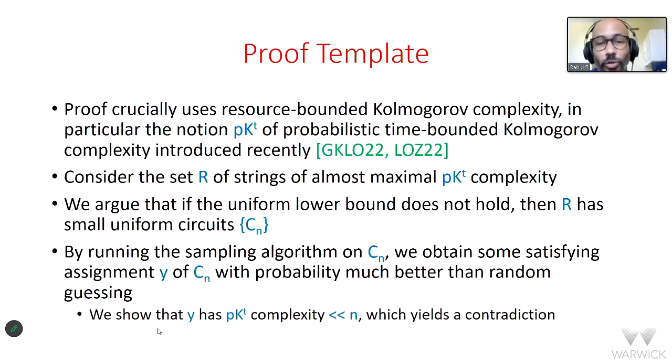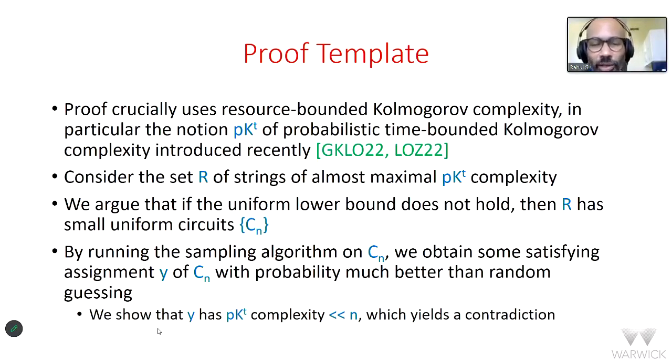And we argue that if the uniform lower bound we want doesn't hold, then the set has small uniform circuits. Then by running the sampling algorithm on these small uniform circuits, we obtain a satisfying assignment for these circuits with probability much better than random guessing.